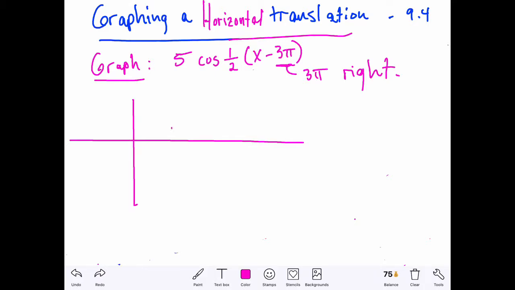So maybe I go over here and let's call this 3 pi. Okay. Because my starting point's no longer going to be 0, it's going to be here at 3 pi. And that's not really to scale, but I don't necessarily need to put that to scale with the 0 there, since I'm only going to move in the positive direction here.